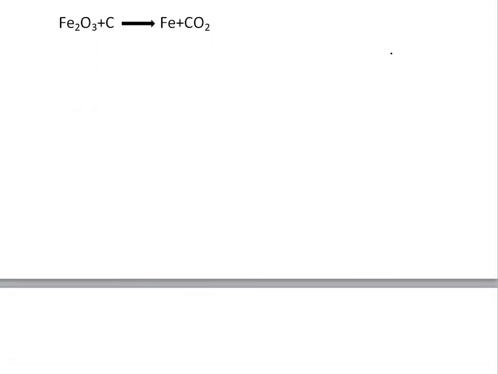So the last one is Fe2O3 plus C gives rise to Fe plus CO2. It is also an easy one. Just the ABCD method you need to use.